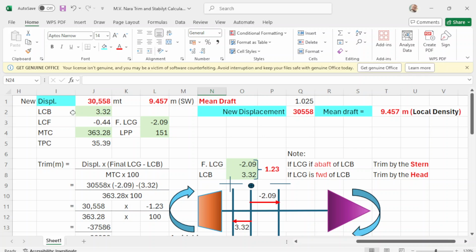So the new displacement is 30558, and the draft is 9.457 salt water. This draft is the mean draft.